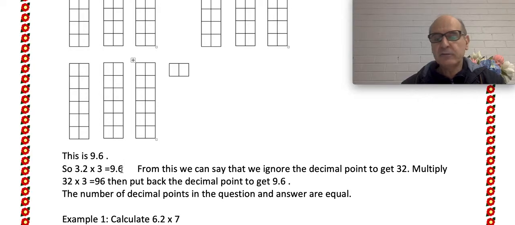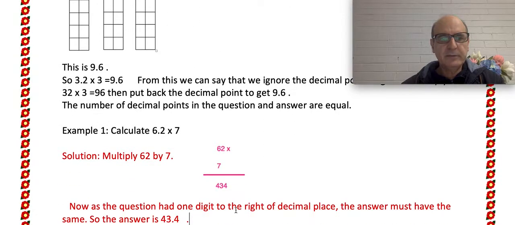The answer also has one decimal place. So this is another thing we notice here, that when multiplying a decimal by a whole number, the number of decimal places in the question and in the answer are the same. All right, let's look at some examples.